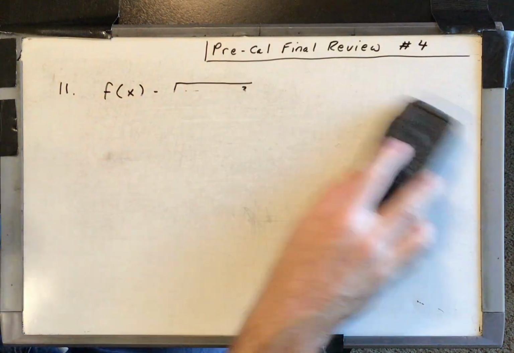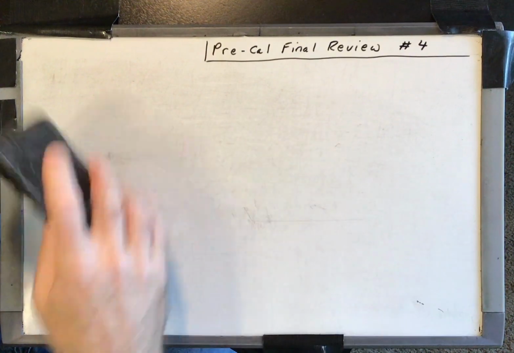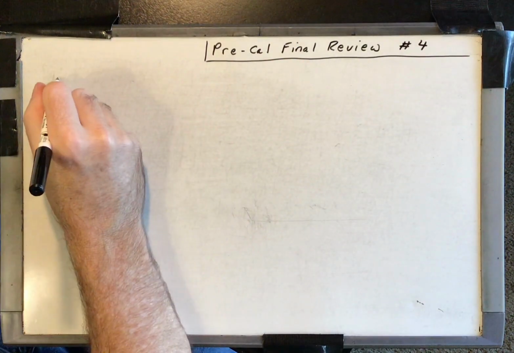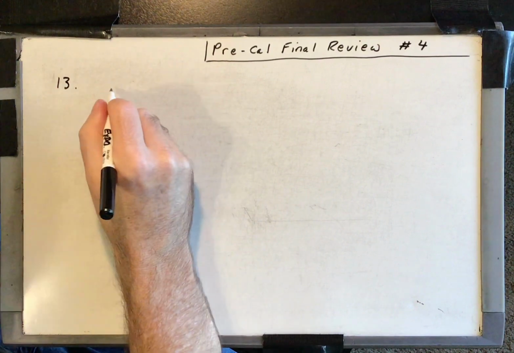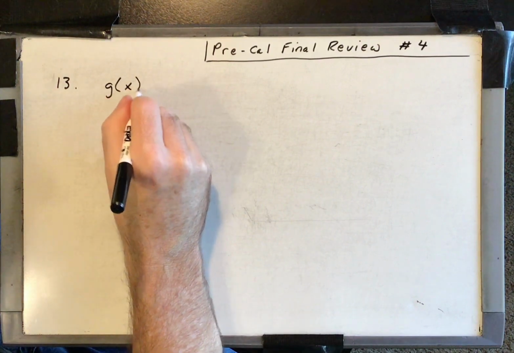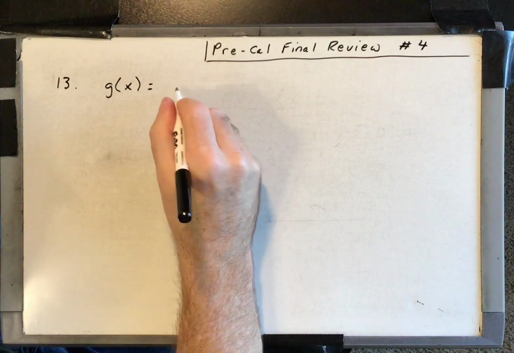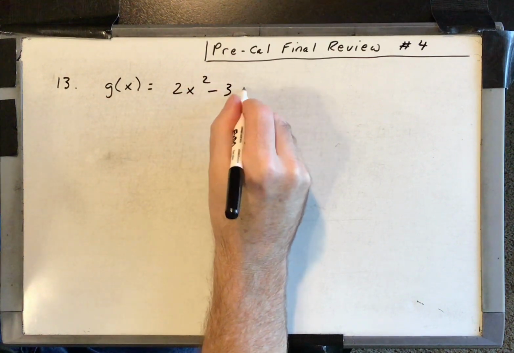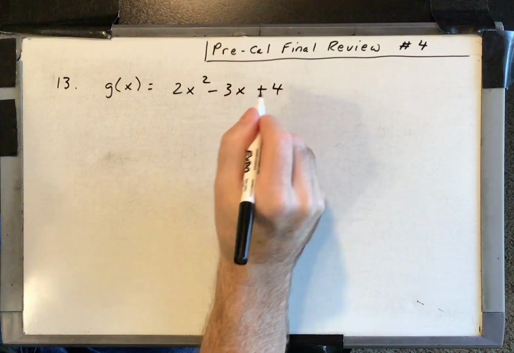All right, so let's do number 13. So 13 says that g of x is equal to 2x squared minus 3x plus 4.